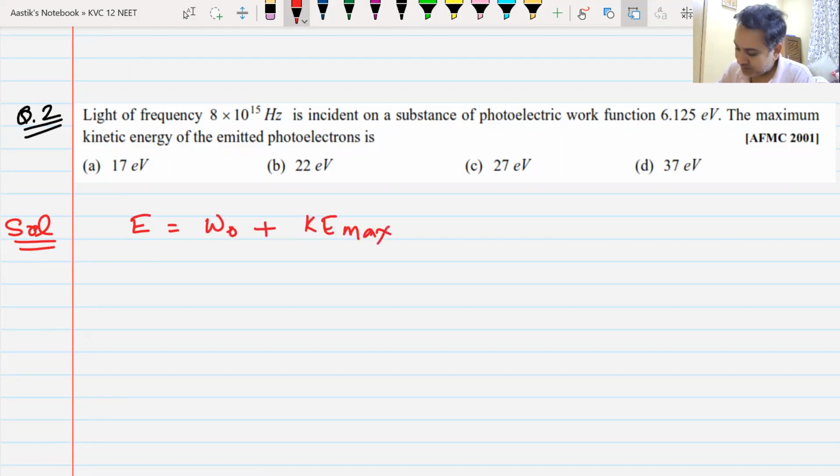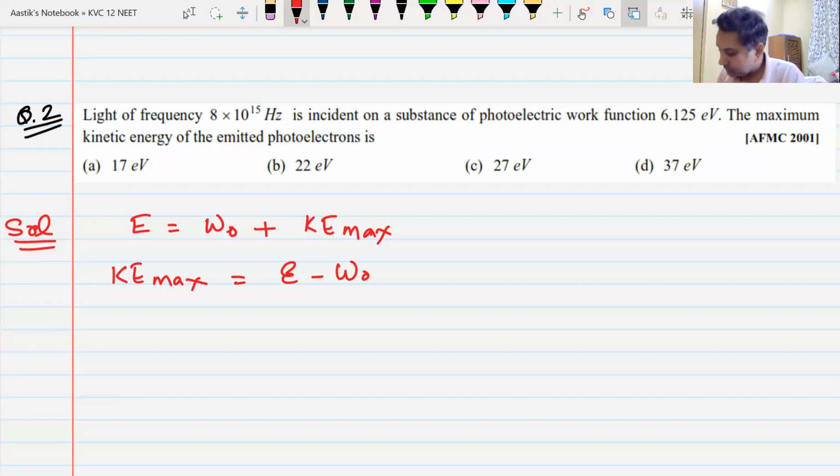So basically, to get the value of maximum kinetic energy, you have to find the energy of the photon and subtract the work function from it. Do we understand this? Now the work function is already given to you as 6.235. The only thing you have to calculate here is the value of this E in electron volts.